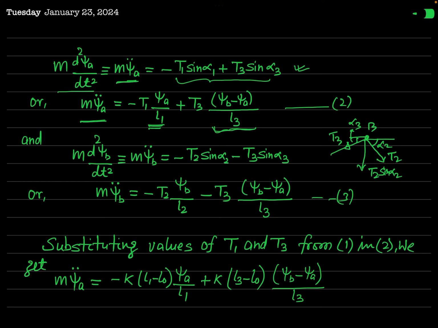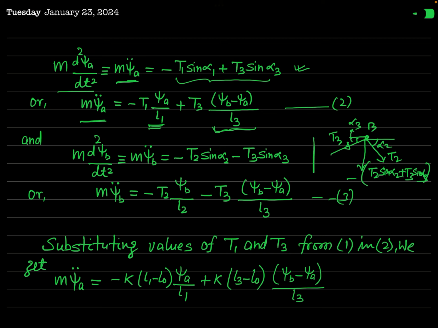We have already actually obtained this in the previous free body diagram, so there is no need to repeat it. And the component of T3 will be T3 sine alpha 3. Due to the restoring nature, when we write the equation of motion, we will put a minus sign.